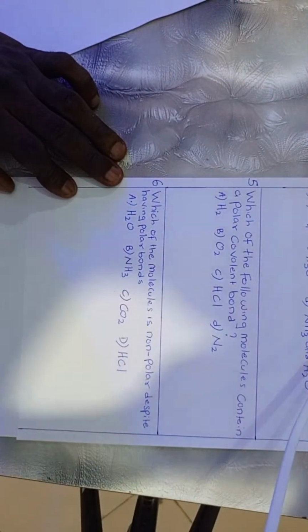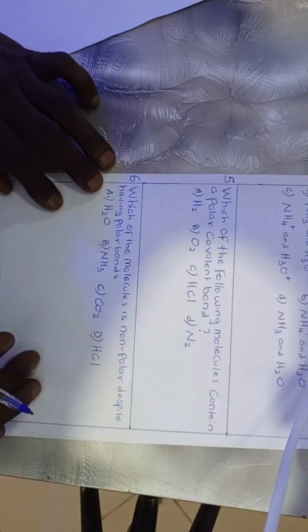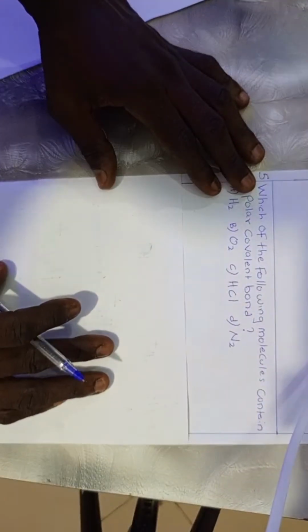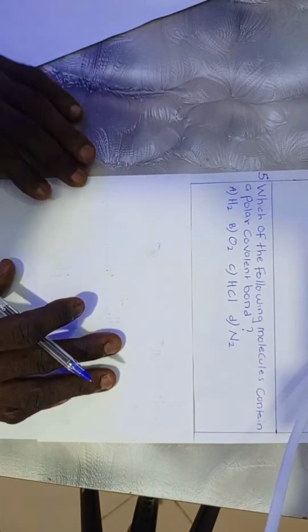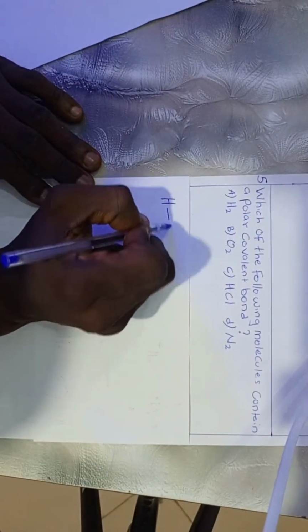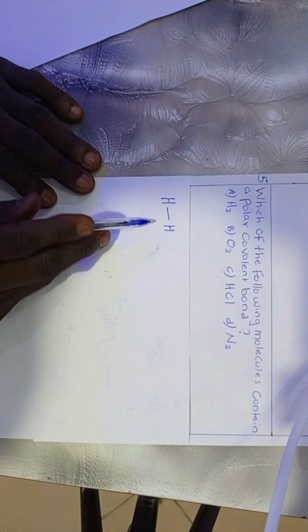For example, look at this. We are answering question number 5, don't forget. So for question number 5 here, hydrogen molecule H2, this is the exact structure of hydrogen molecule H2.